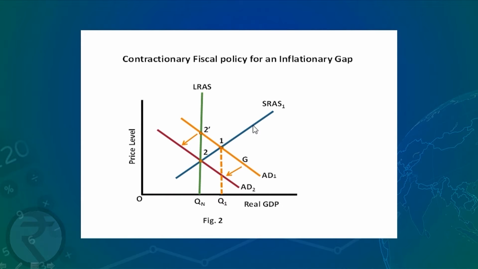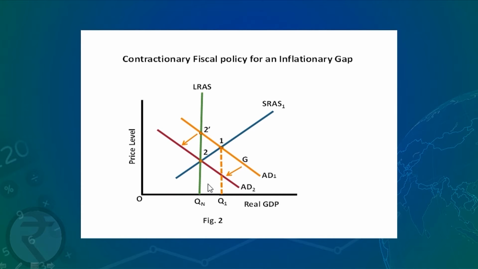Both aggregate demand and aggregate supply curves intersect at point 1. So, this is the point of equilibrium where aggregate demand is equal to aggregate supply and real GDP is OQ1. Here the natural real GDP is OQN, while the present GDP OQ1 is greater than this.